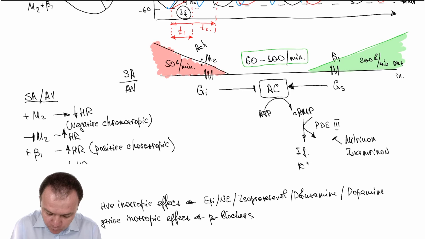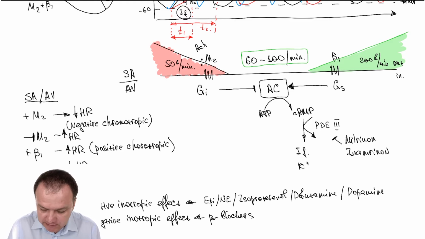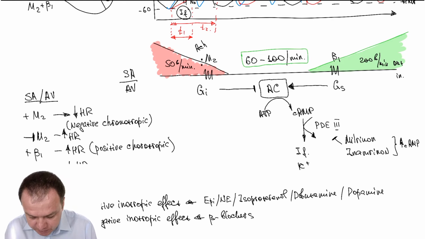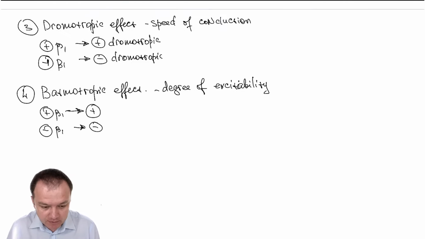They have positive inotropic effect because they block phosphodiesterase and elevate the level of cyclic adenosine monophosphate by preventing its degradation.